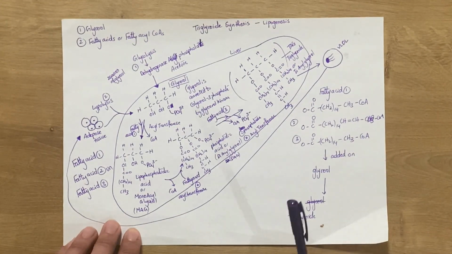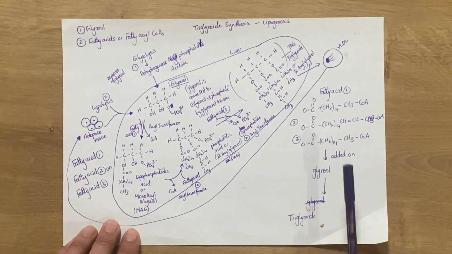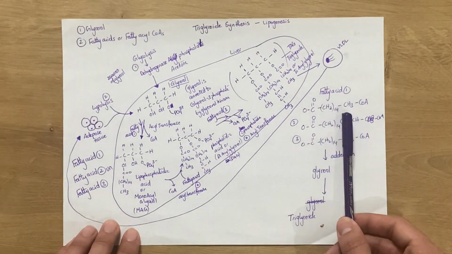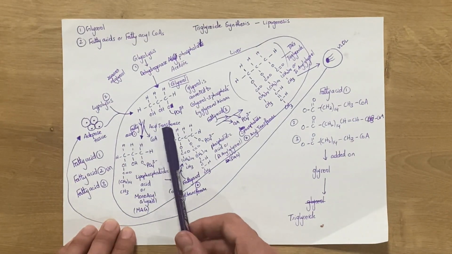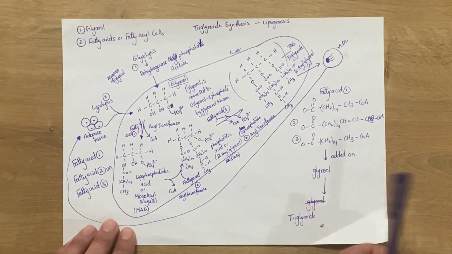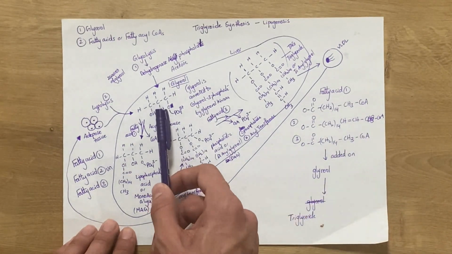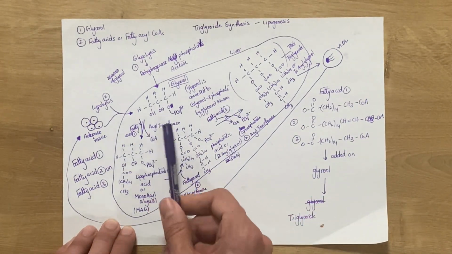So active fatty acids are called fatty acyl CoAs, and that's why the enzyme is called acyl transferase. We are basically transferring fatty acyl CoAs onto the glycerol molecule.